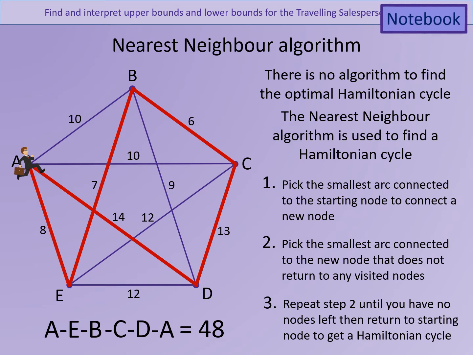So this might not be the optimum Hamiltonian cycle, but it is definitely an upper bound. And if we can find several upper bounds, we can then choose which is the smallest, and the smallest upper bound will be the best one.